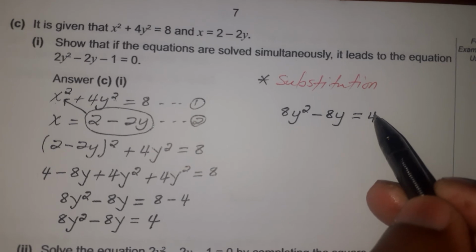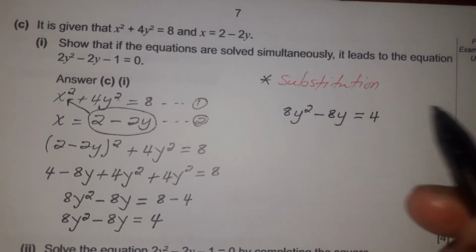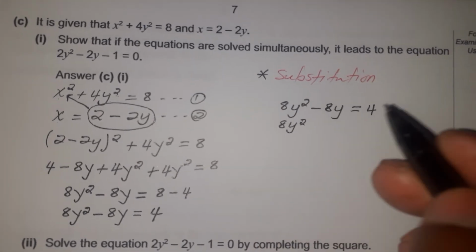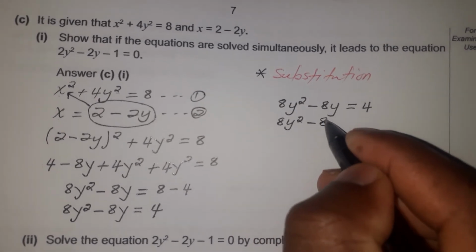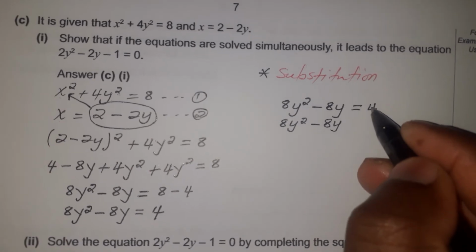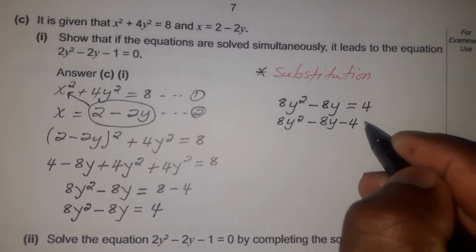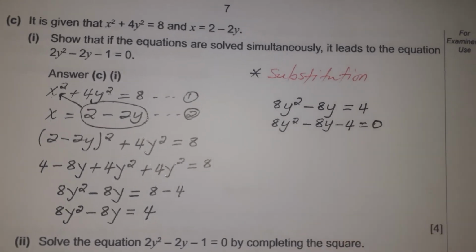We have to bring this positive 4 to come this side of the equal sign. Then we are going to have 8y squared minus 8y. That side is positive, therefore when it comes this side it becomes negative, equal to 0.